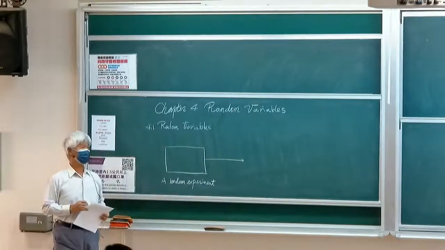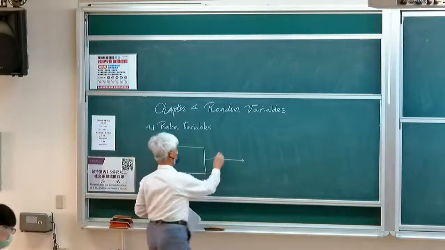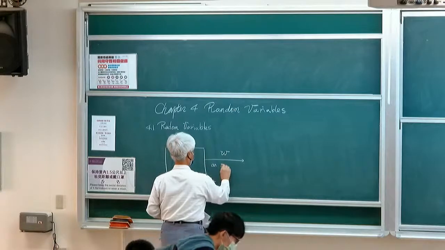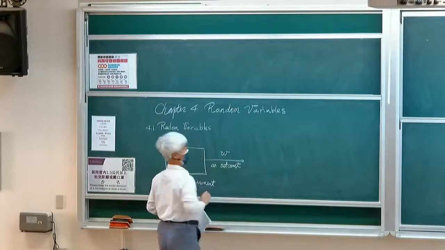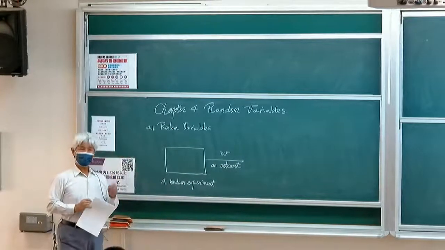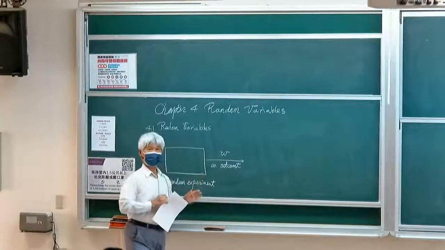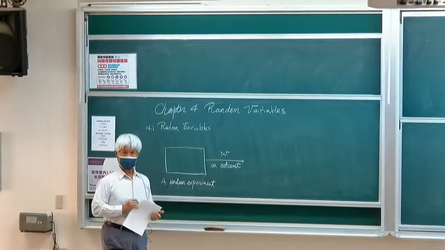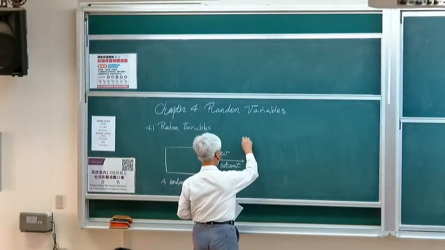When we perform such a random experiment, there is an outcome omega. All right? And in many situations we will record some features of the outcome by using measurement devices.